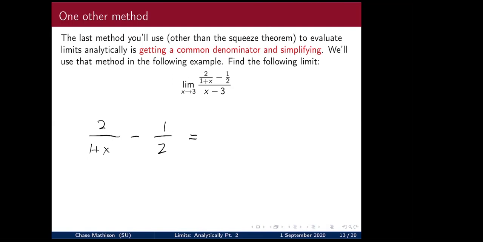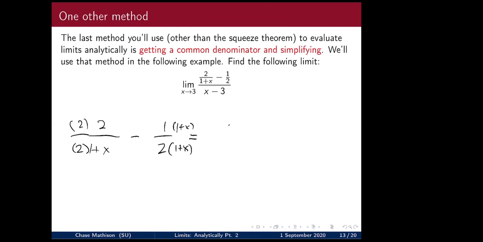So when I do that, this guy, I'm going to multiply by 2 over 2 so that the denominators will each have a factor of 2. And this guy, I multiply by 1 plus x over 1 plus x. And then when I do that, I'm guaranteed that they have a common denominator and I can add them together.